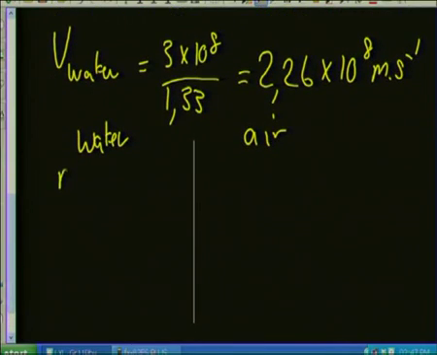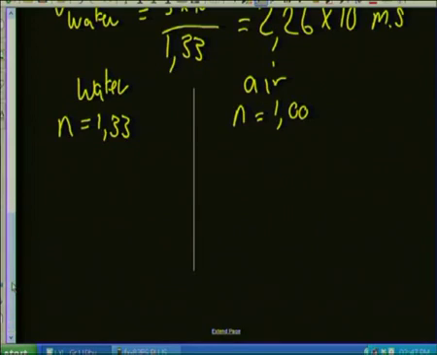We're going to say the refractive index is 1,33. The refractive index in air we're going to take as 1,0. Now, what we're saying here is that the speed of light is 3 times 10 to the 8 meters per second. It's going slower in the water. It can never go faster than the speed of light in air. That's why we've made the refractive index as 1.